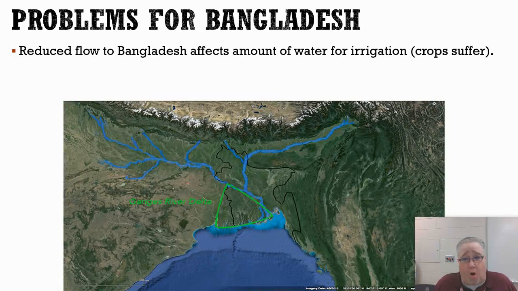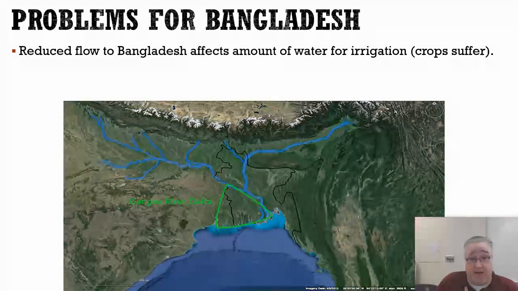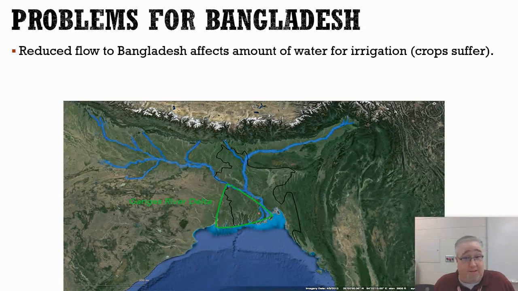Now, because the water was diverted and moved in different directions, it reduces the amount of water that makes its way to Bangladesh. So, if you live in Bangladesh and you're a farmer and you rely on that water from the Ganges River, well, because India diverted the water, now you're not getting as much water as you normally would.